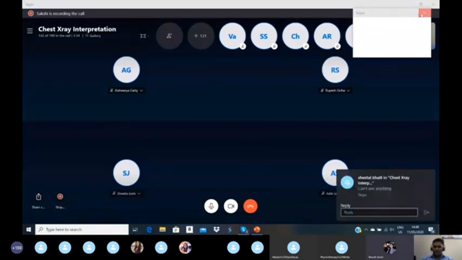You can minimize the Skype window and open the PowerPoint.